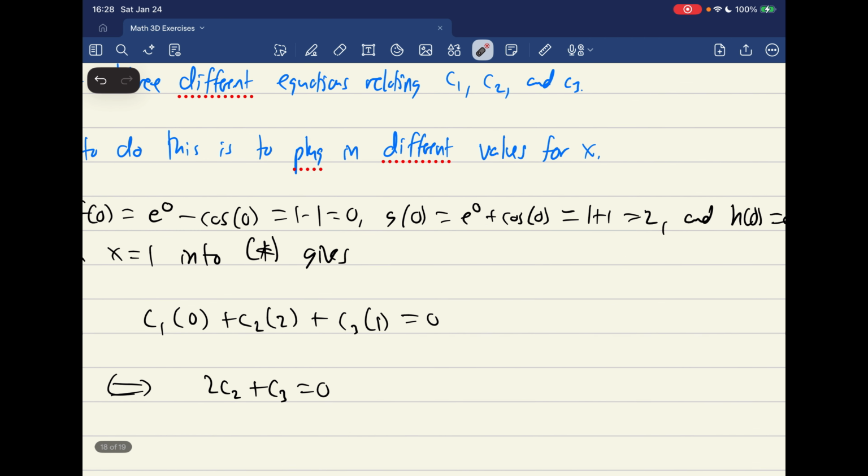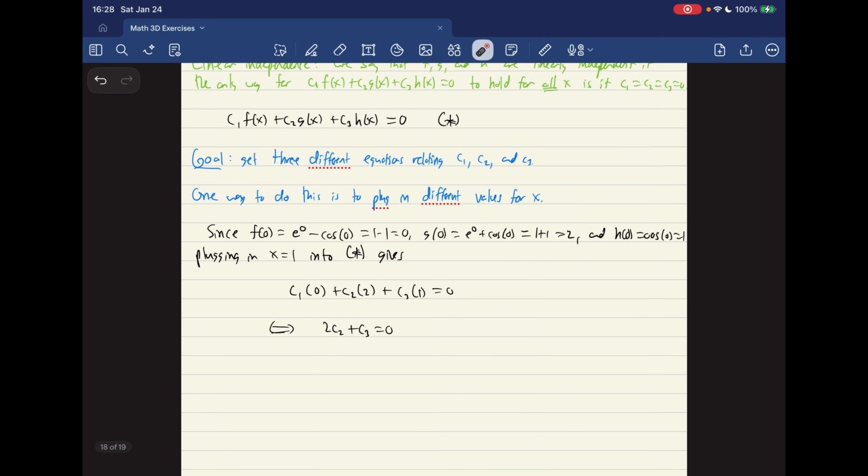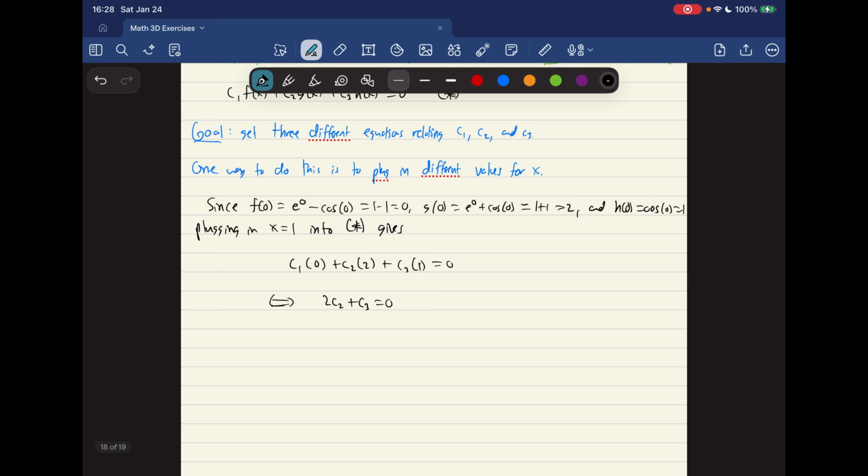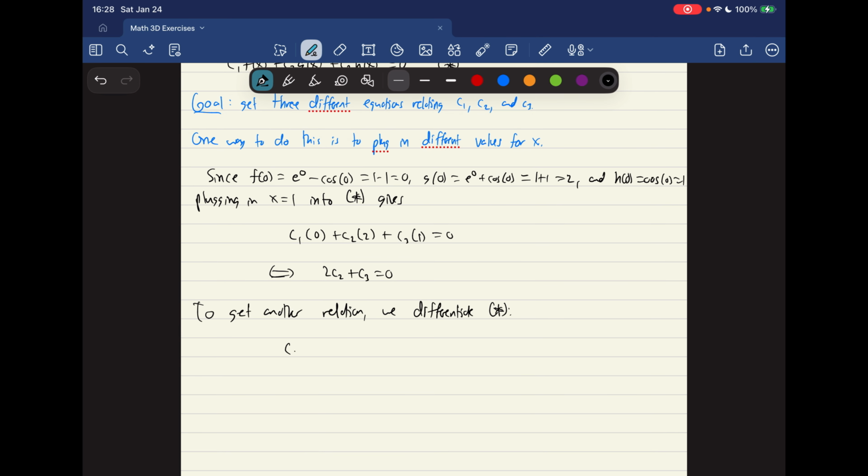And so instead what I'm going to do is I'm going to differentiate the equation star. So I get c1 f prime of x plus c2 g prime of x plus c3 h prime of x equals 0.